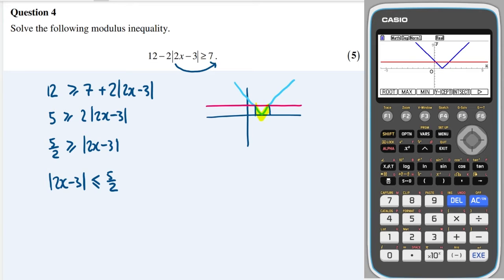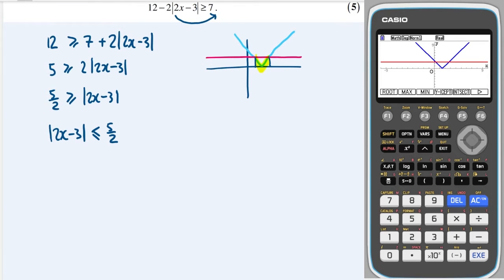So we do that by solving the equation in two ways. We solve it when the modulus gives us a positive. In fact, we just write equals now, we just want to work out what the points are. And then we swap over the signs inside the modulus and solve it that way. So this way will give me 2x is equal to, add on 3 is the same as 11 over 2, which means that x is equal to 11 over 4.